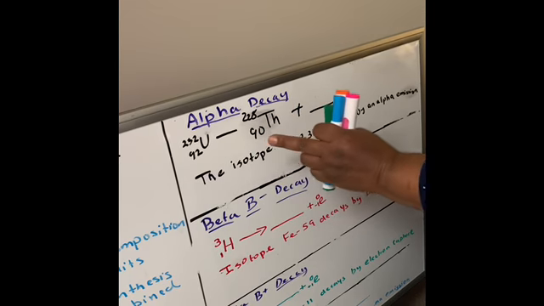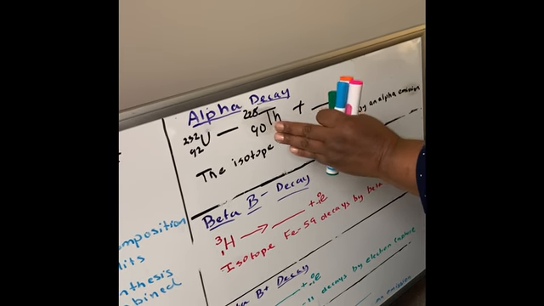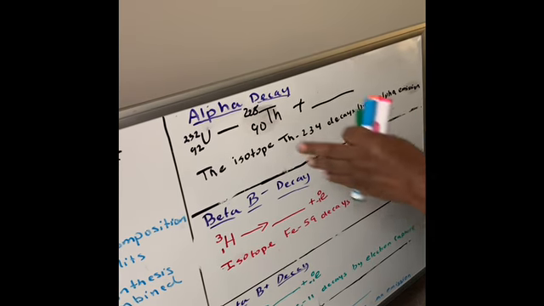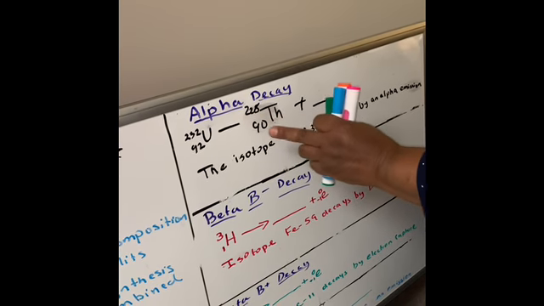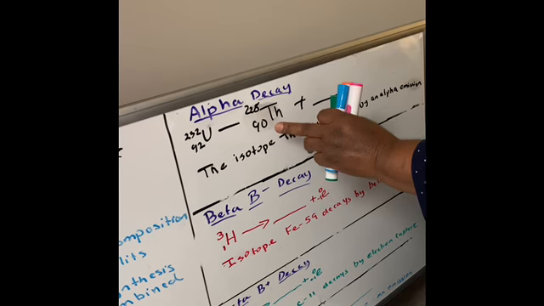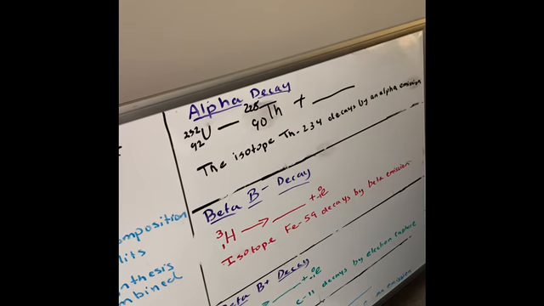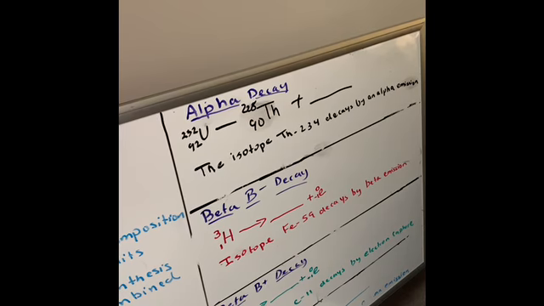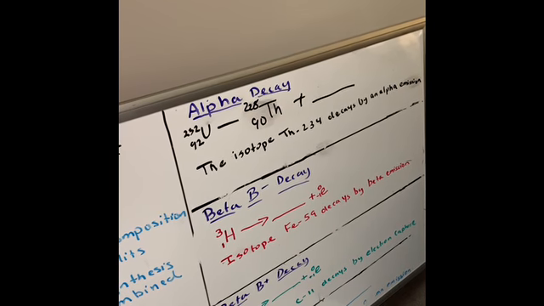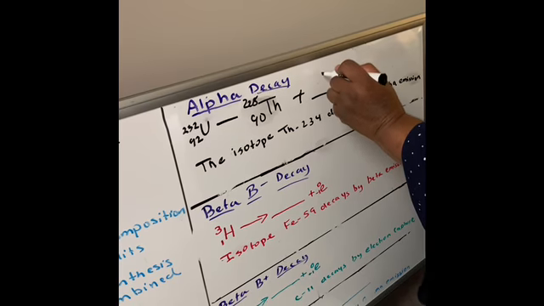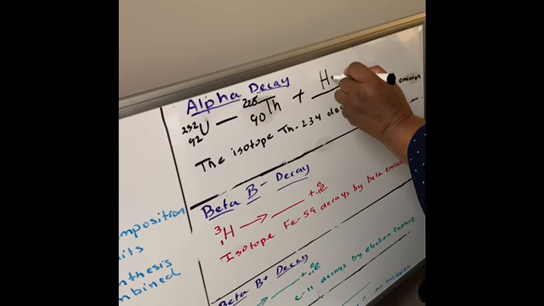And then there has been a decrease also in the atomic number by 2, and we have an atomic number of 90. And so we know, if this is the case, that this is alpha decay. And so as a result, we know that we need helium to finish out this equation.